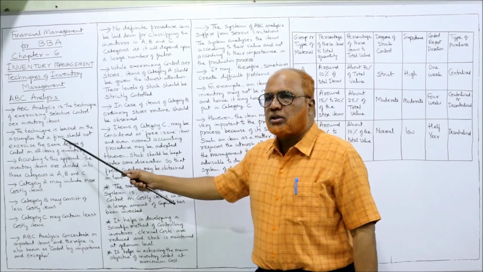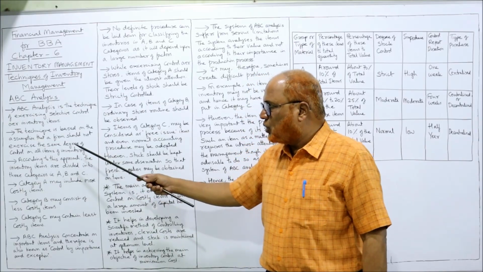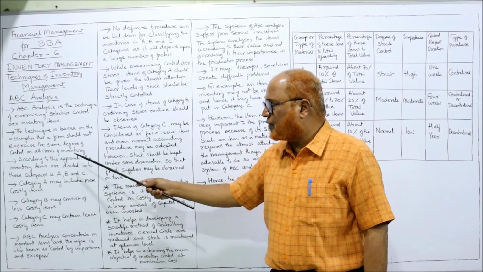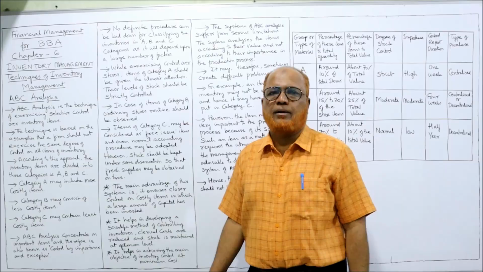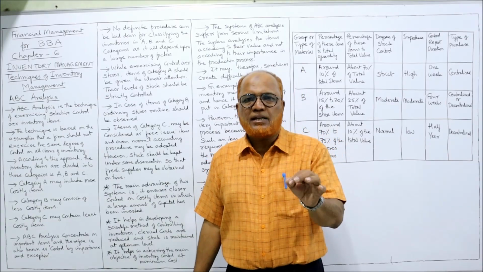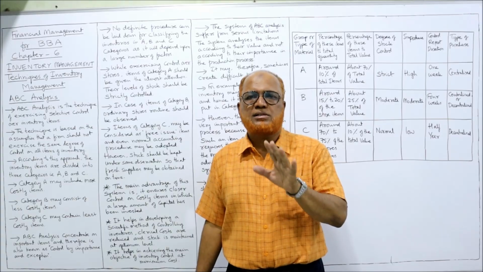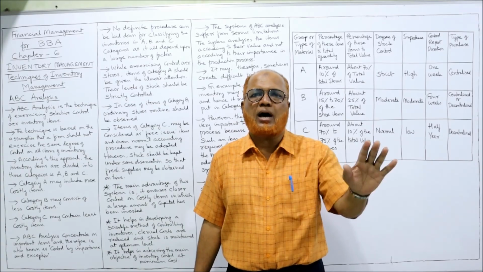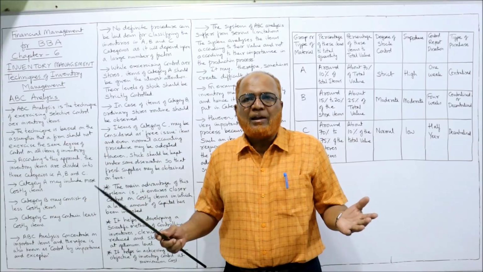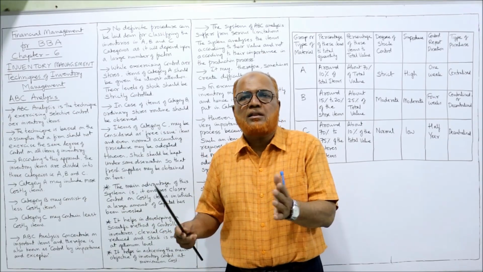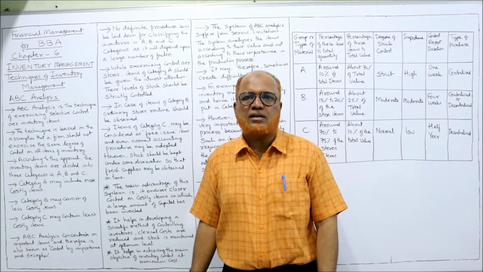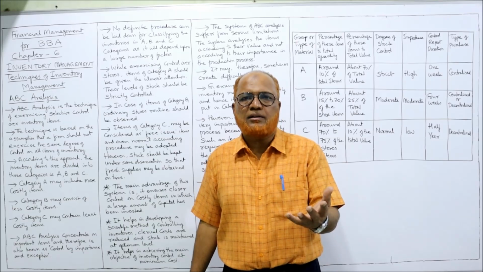The technique is based on the assumption that firms should not exercise the same degree of control on all items of inventory. So ABC analysis says don't exercise equal, same control on all the items of inventory. In a manufacturing organization, hundreds and thousands of items of inventory are there.